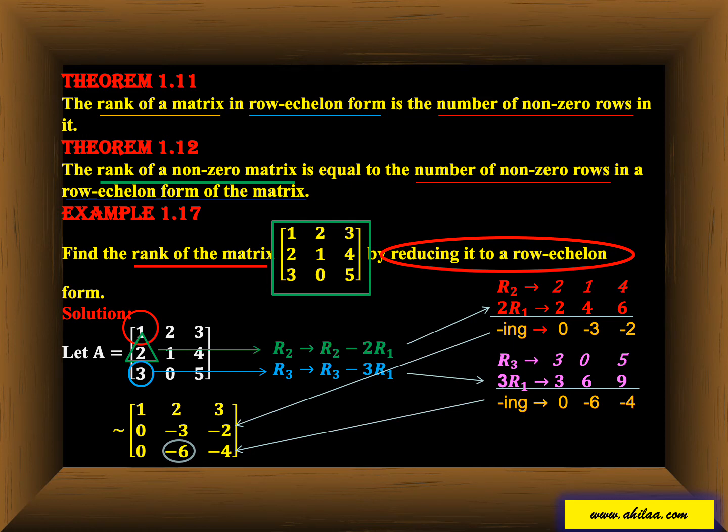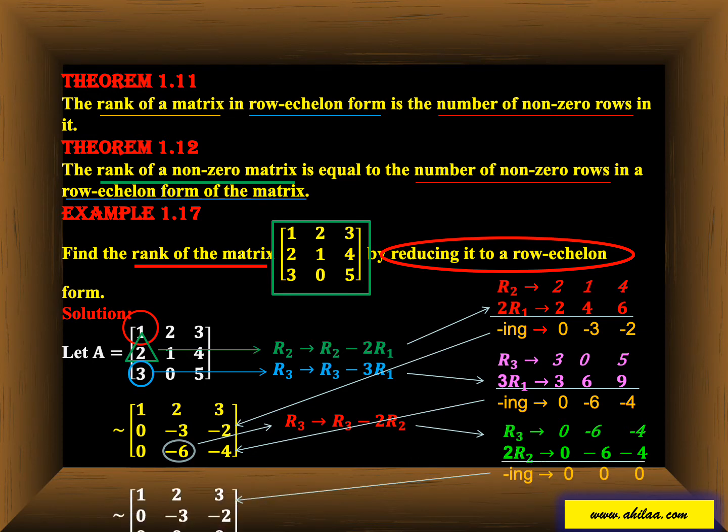So if I multiply row 2 by 2 and subtract from row 3, I can make A32 as 0. The operation is R3 goes to R3 minus 2 R2. R3 values are 0, minus 6, minus 4. 2 R2 values are 0, minus 6, minus 4. Subtracting, all the values go to 0.